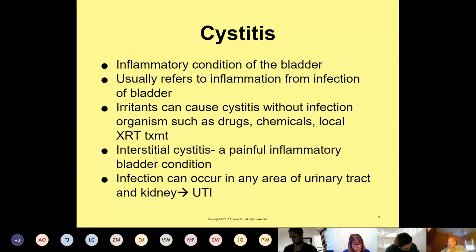Now, again, in men, when they do have a complicated UTI, it's usually associated with other comorbidities. Again, things like maybe diabetes can increase their risk of developing complicated UTIs. So they have some other things going on that would cause this to happen.